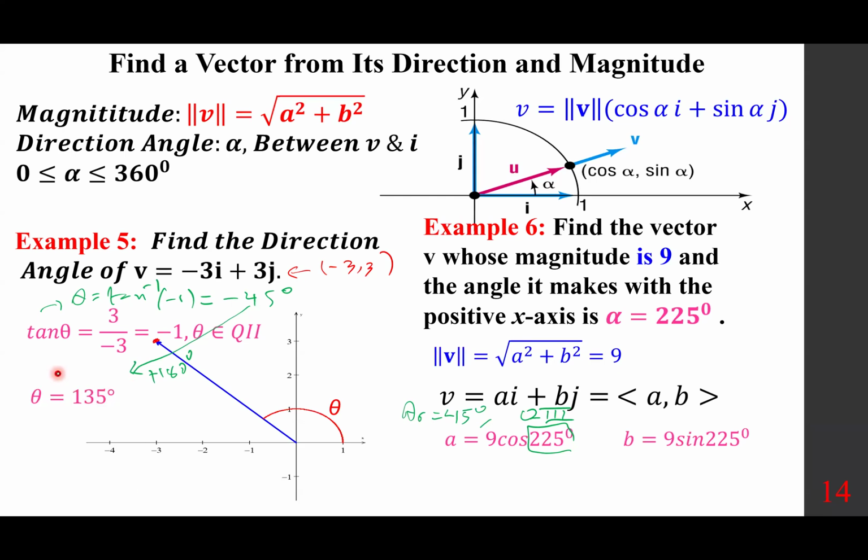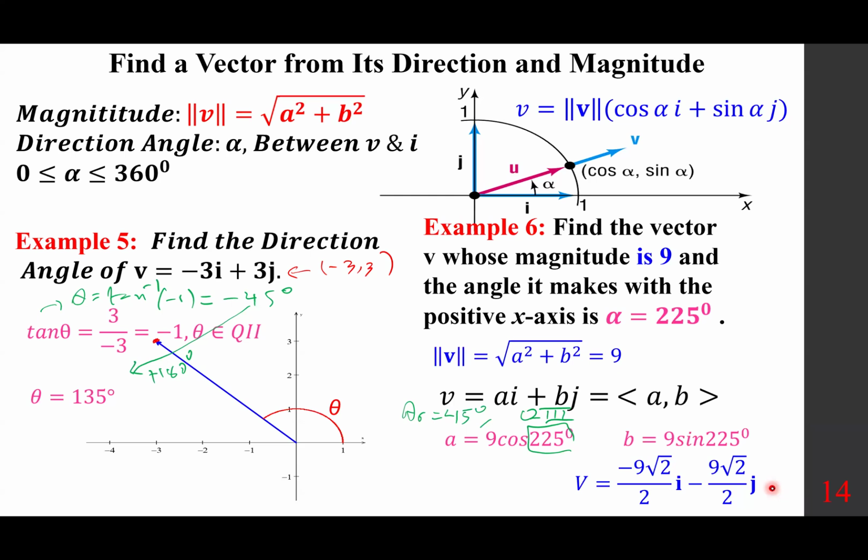Sine and cosine are both negative. Both of them are square root of 2 over 2, and both of them are negative. Because sine and cosine of 45 degrees is what? Square root of 2 over 2, and both of them negative. So 9 times negative square root of 2 over 2, 9 times negative square root of 2 over 2, and it results in the following. The vector is minus 9 square root of 2 over 2 i minus 9 square root of 2 over 2 j. Again, depends how they want it.